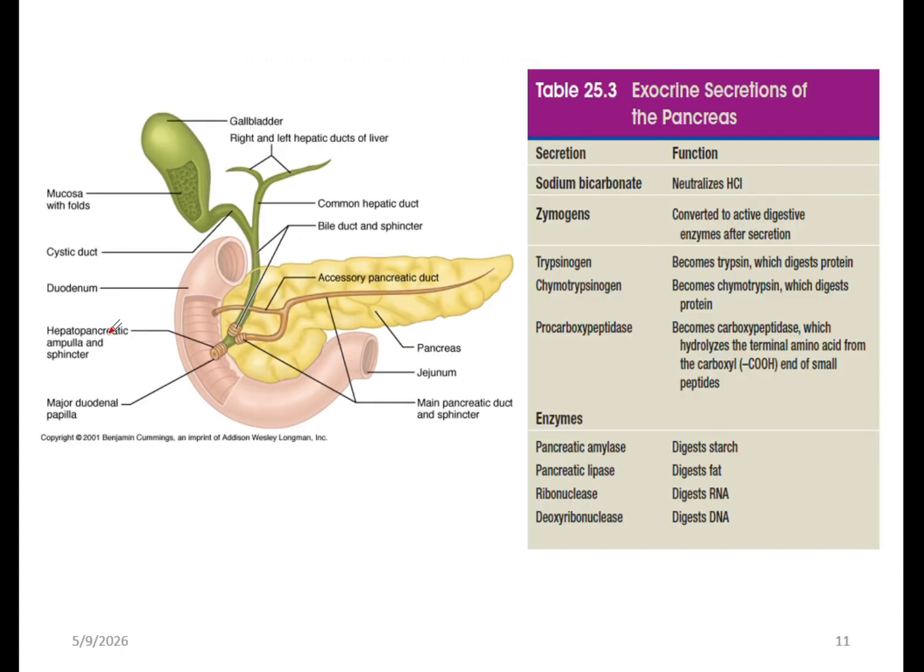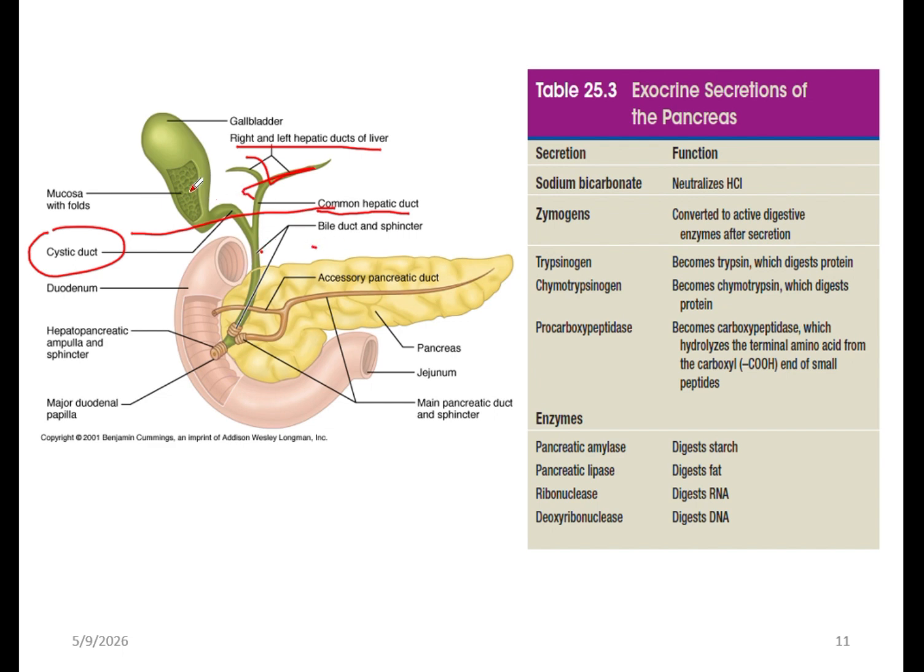Next, here you can see the right and left hepatic ducts of the liver, which come forward and mix here to form the common hepatic duct. The gallbladder releases the cystic duct. Now the cystic duct and common hepatic duct mix here to form the common bile duct, right?